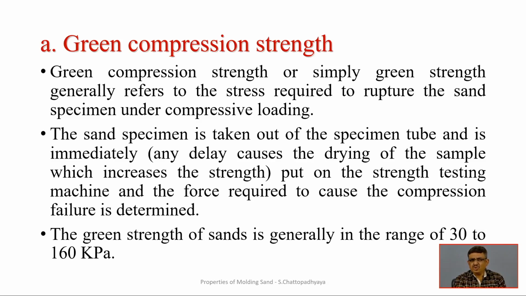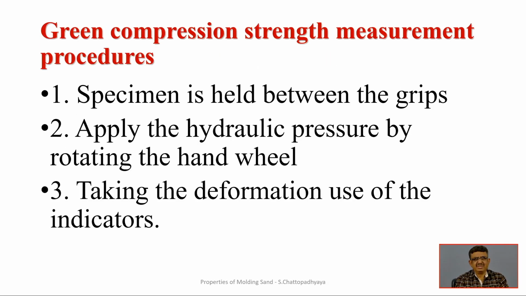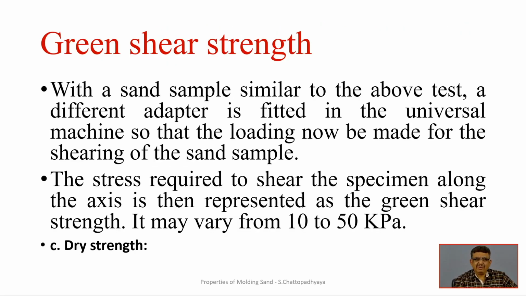I am not going into the details. On that basis the green compression strength is determined, and there is a formula associated with it. They apply hydraulic pressure with a rotating wheel, and the specimen is held between those components. Green shear strength is determined in a similar manner, only the adapter is different and the universal machine loading is made for shearing.